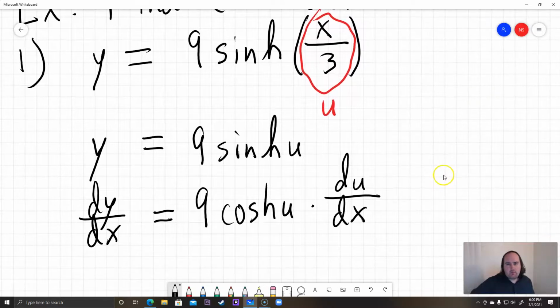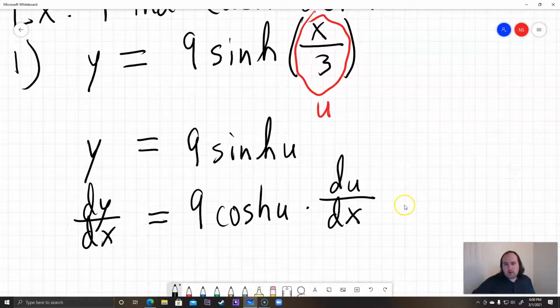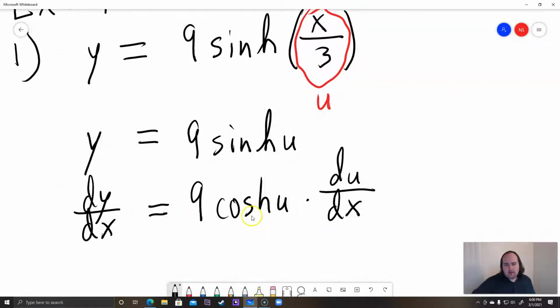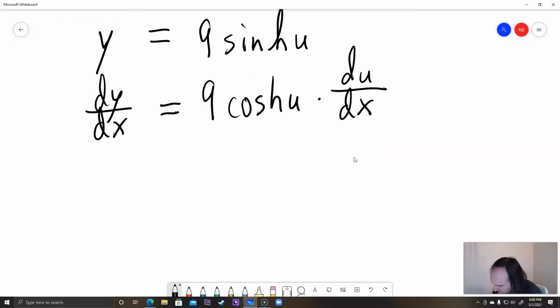But now we can plug back in the original expression in terms of x. We said that u was x over 3, so we're going to have 9 times cosh of x over 3.